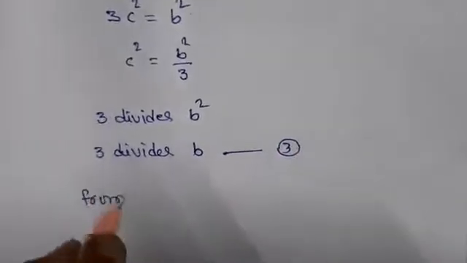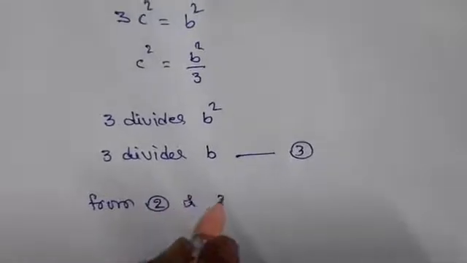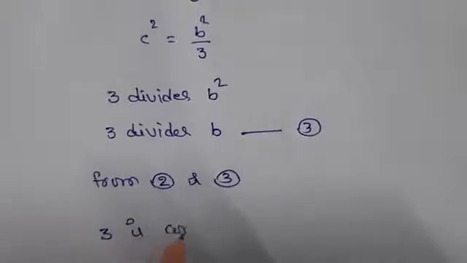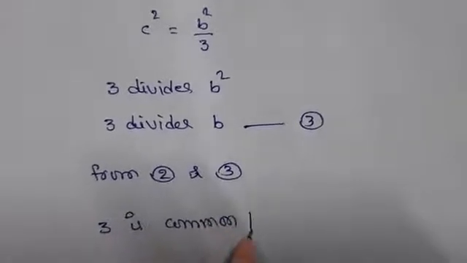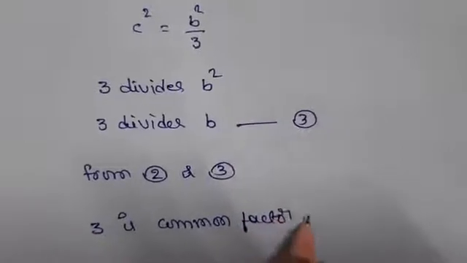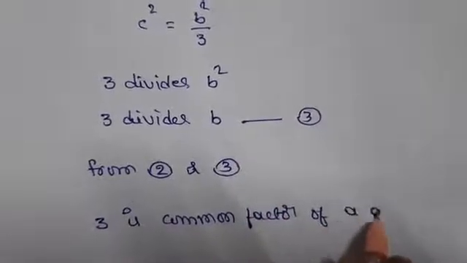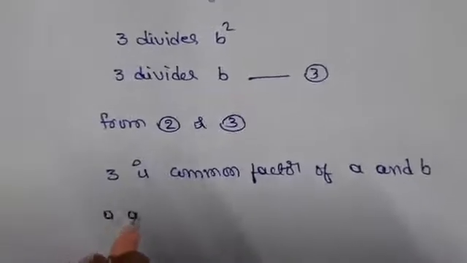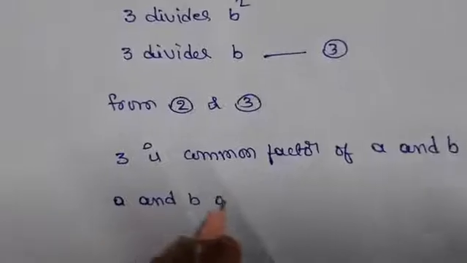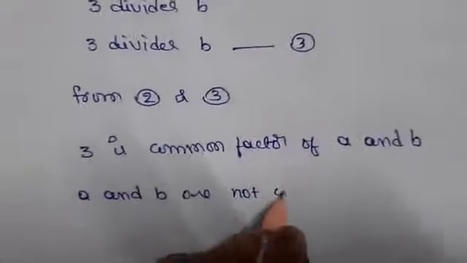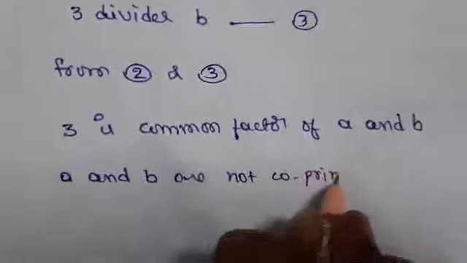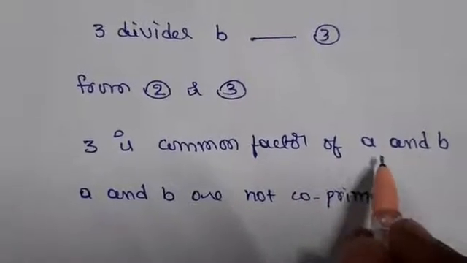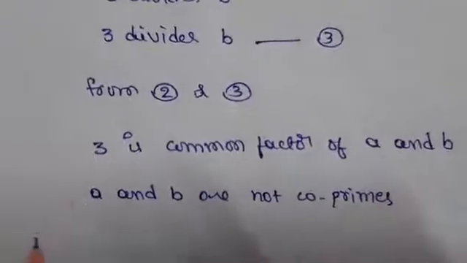From 2 and 3, 3 is a common factor of a and b. So a and b are not coprimes. Why? Because here a and b have another common factor other than 1, that is 3.